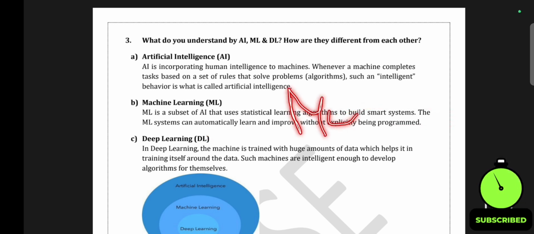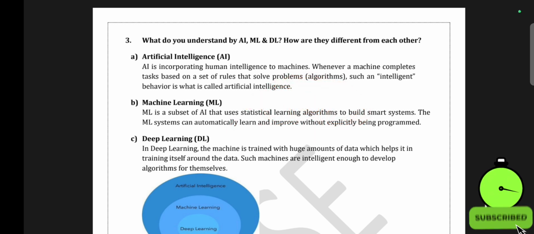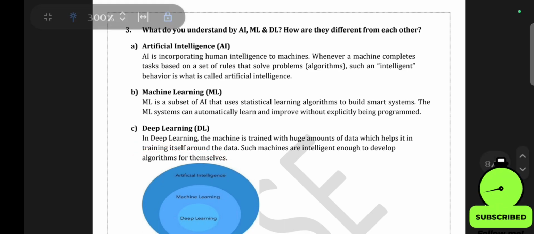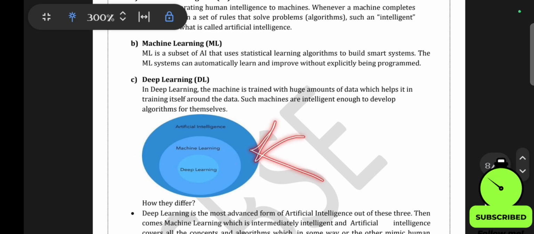So this is ML. Now DL, deep learning. In deep learning or DL, the machine is trained with a huge amount of data, which helps in training itself around the data. Such machines are intelligent enough to develop algorithms for themselves. Here you can see the diagram.